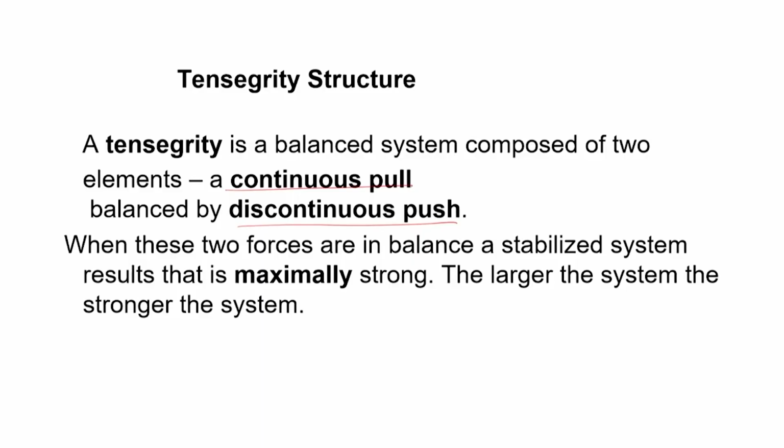So, it becomes a kind of tensegrity structure. It has been shown that given a constraint in terms of material, a tensegrity structure can give you a maximally strong system if you can design this continuous pull with discontinuous pushes.